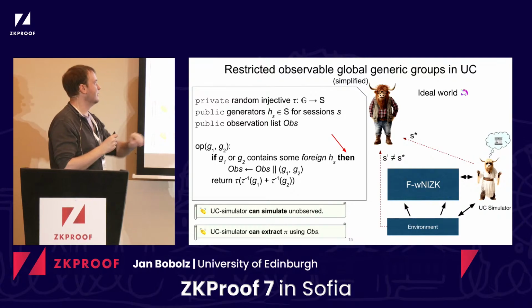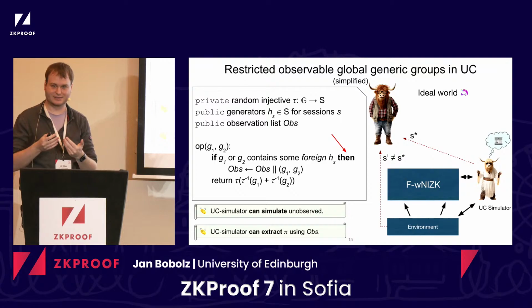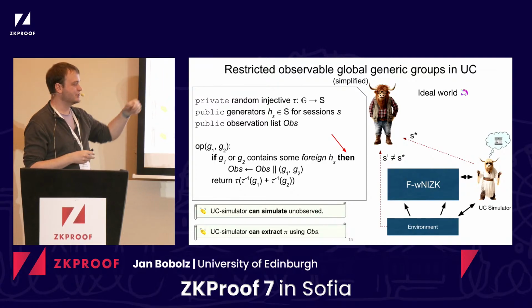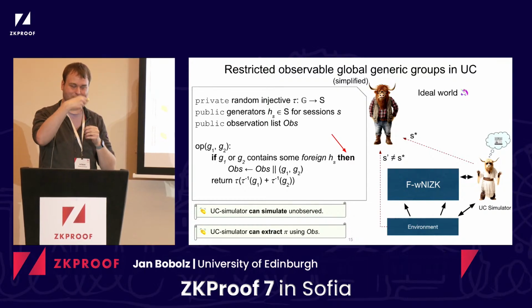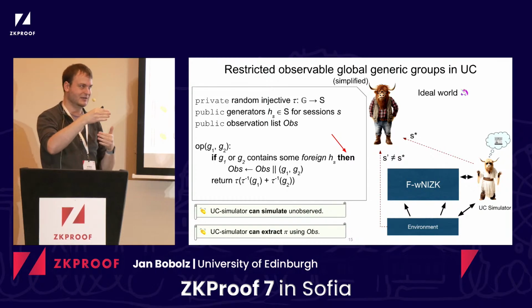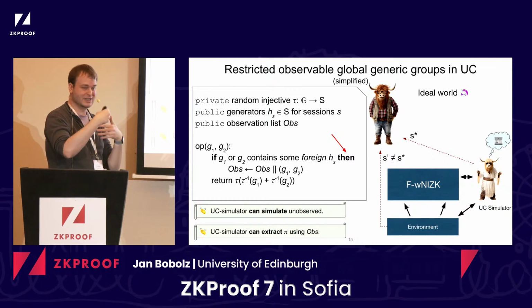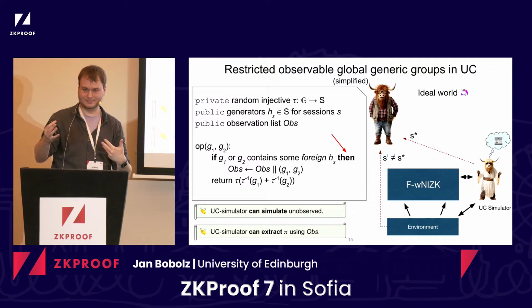And this means that they will be added to the observation list. So when the simulator is eventually asked to extract, it will not see all of the group operations that led to this group element. But as soon as there's at least one part of this group element that is the generator for the session that is interesting, then it gets to see all of those.